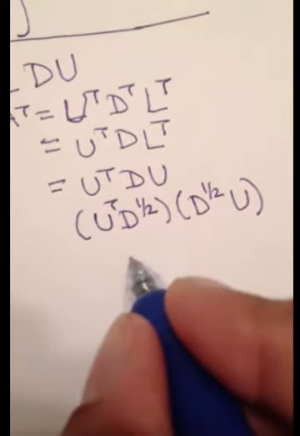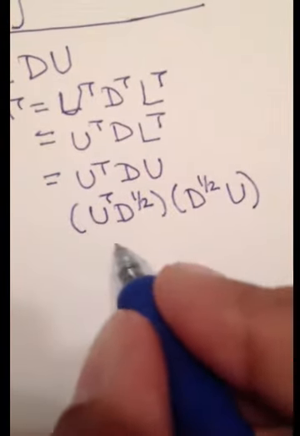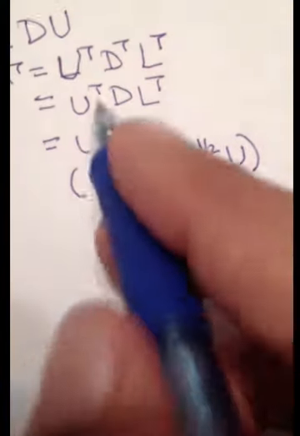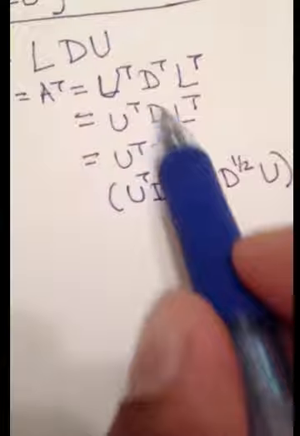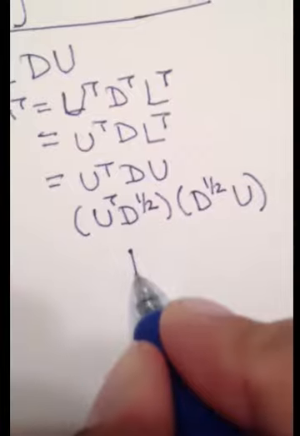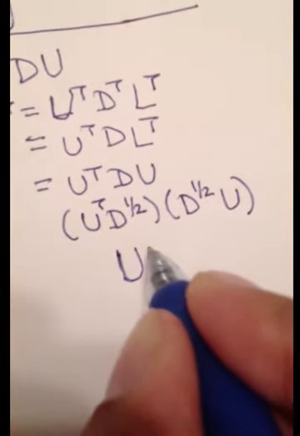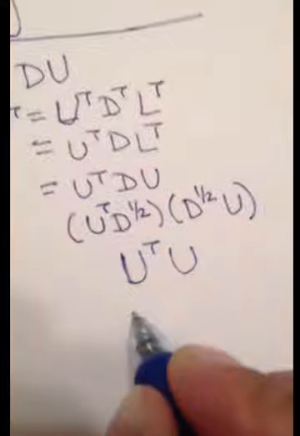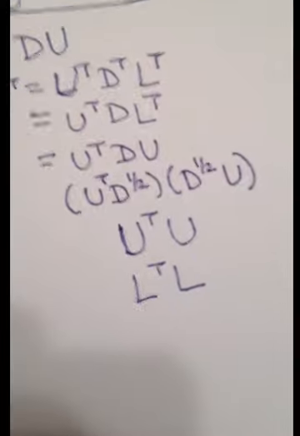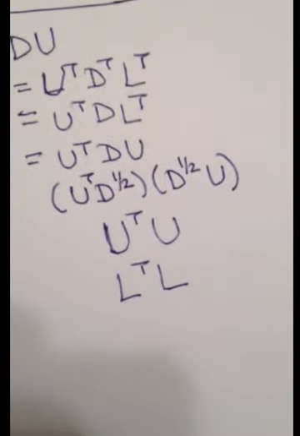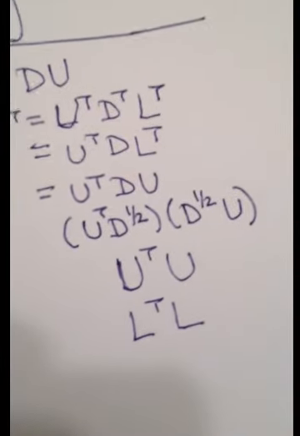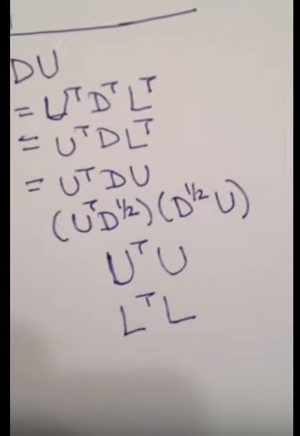So this is really the same thing as writing square root of D times U transpose times square root of D times U. And you effectively have a lower matrix and an upper matrix being multiplied. So we have essentially factored A into L transpose and L. This is how we derive the Cholesky factorization using the LDU factorization.